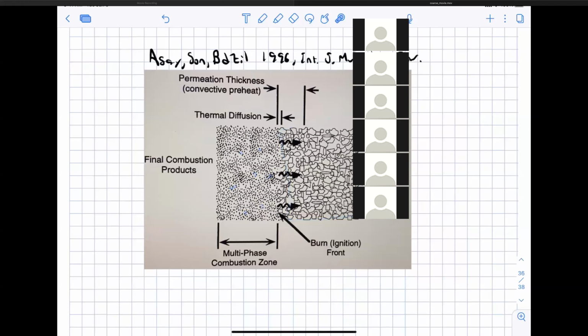You have a thin region here where heat conduction is important, and you have a thicker region where the high temperature combustion products are penetrating and heating all the stuff in the porous bed. And then an actual burning front of the flame, and also a multi-phase combustion zone, because these particles will shrink. And then in this region here, you have a traditional burning dust cloud of propellant grains.